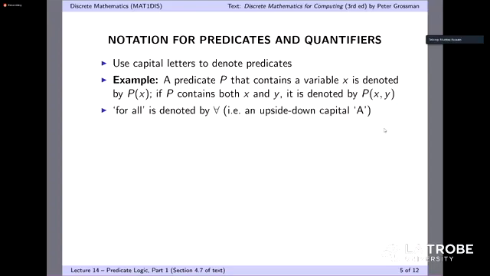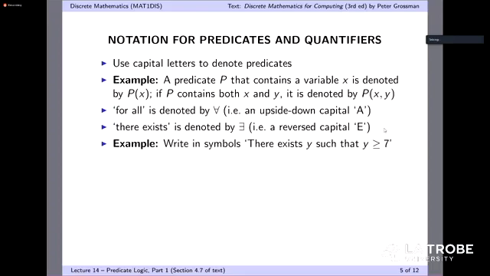For all is denoted by the upside down A. There exists is denoted by the reversed capital E. Now, write in symbols. Px is a predicate when the variable is x. If there is a quantifier for all, we'll write it like this. And if there is a quantifier there exists, we write it like that.